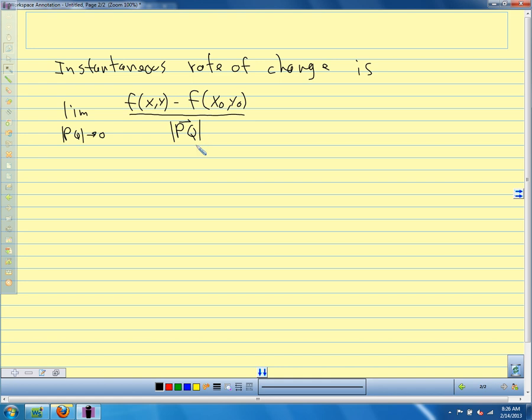We're going to call this limit the instantaneous rate of change of the function as we move in some particular direction. We're going to call this limit the directional derivative.